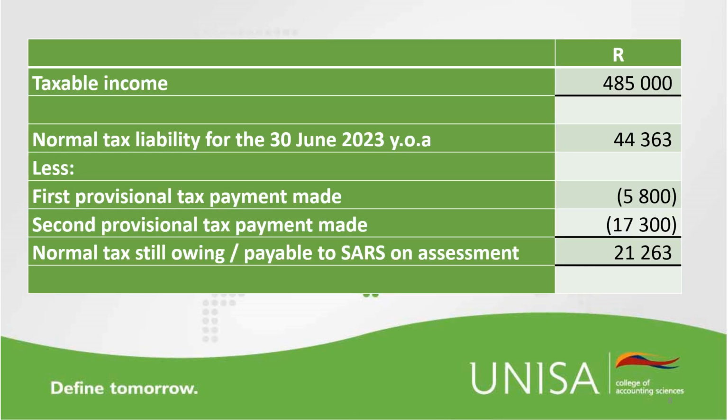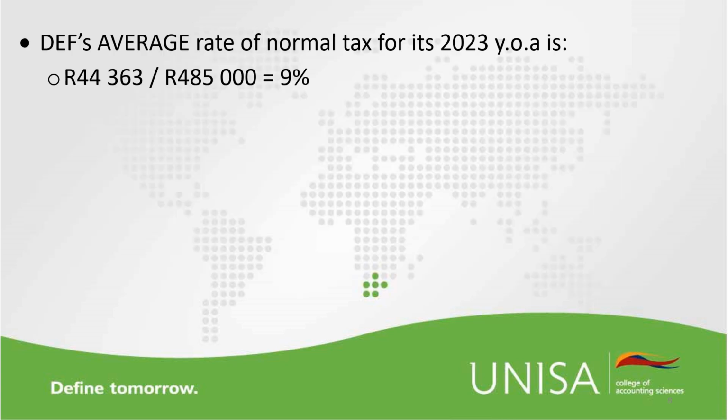This table indicates the calculation of the normal tax still owing to the South African Revenue Service by DEF on assessment, which is 21,263, after the deduction of the normal tax that was prepaid as provisional tax payments during the year of assessment. From this information, the following can be analyzed.